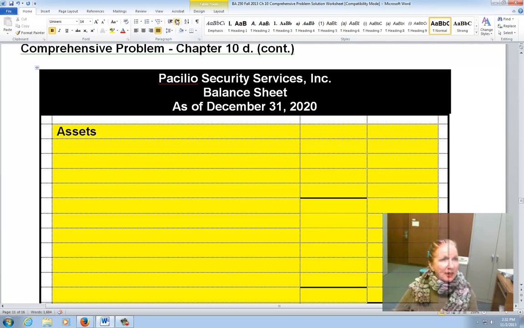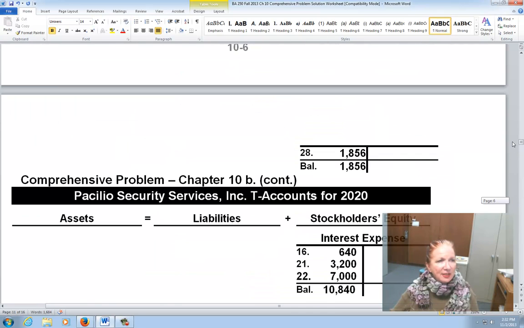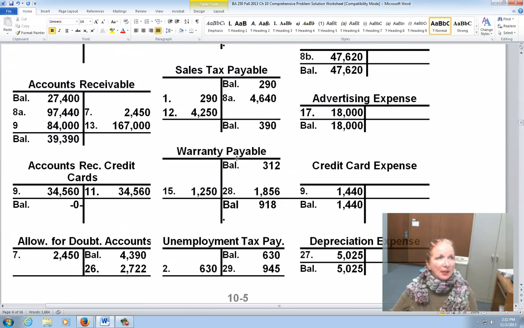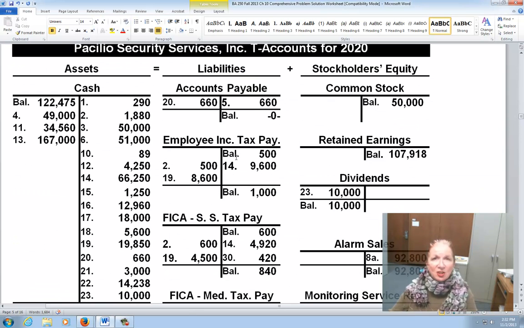So now we're going to indent these assets. Remember, the current assets come first, the long-term assets come second, and so they'll be down by themselves. You have quite a list of current assets, so you want to make sure that you get them all. I'm going back up here to the T accounts because I'm not finishing that trial balance, but you'd have them all listed in the trial balance.